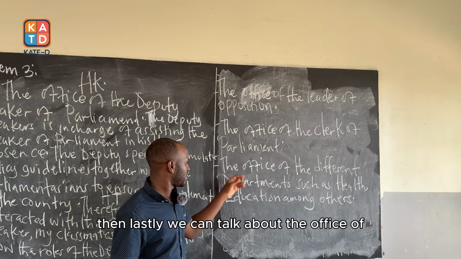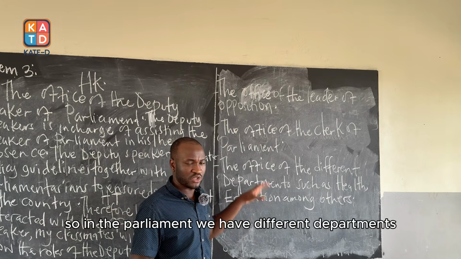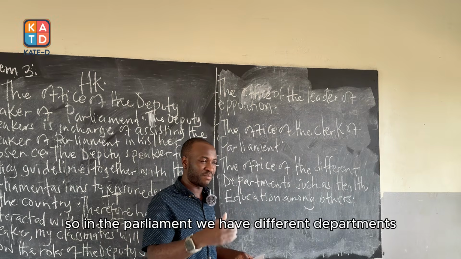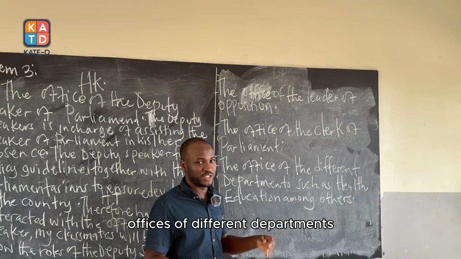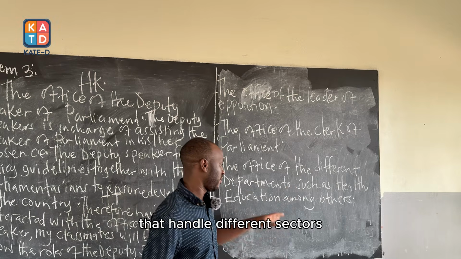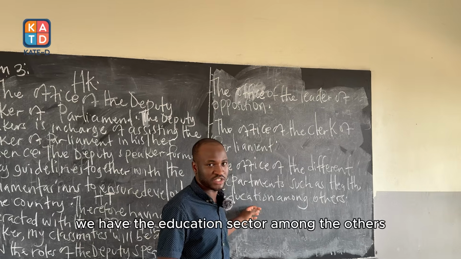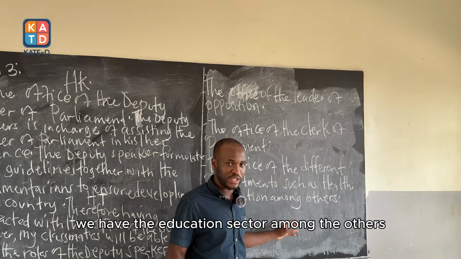Then lastly, we can talk about the offices of the different departments. In the parliament, we have offices of different departments that handle different sectors. For example, we have the health sector, we have the education sector, among the others.